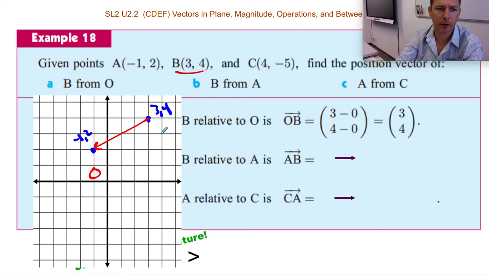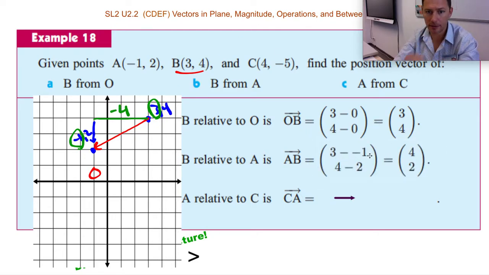Just look at how far over you have to go, and then how far up you have to go. How far over you have to go comes from the x-coordinates subtracted, so that minus that, which means you have to go 4 units over.